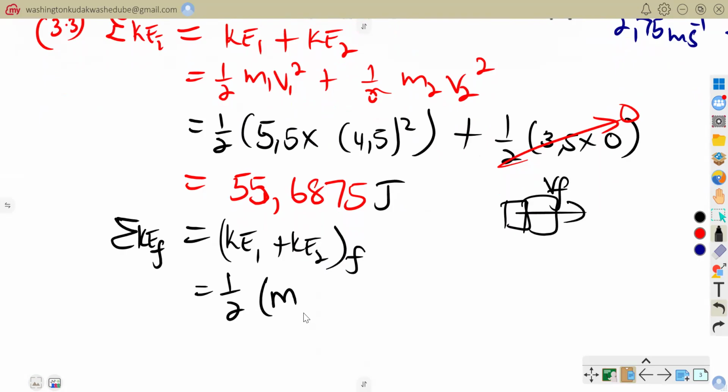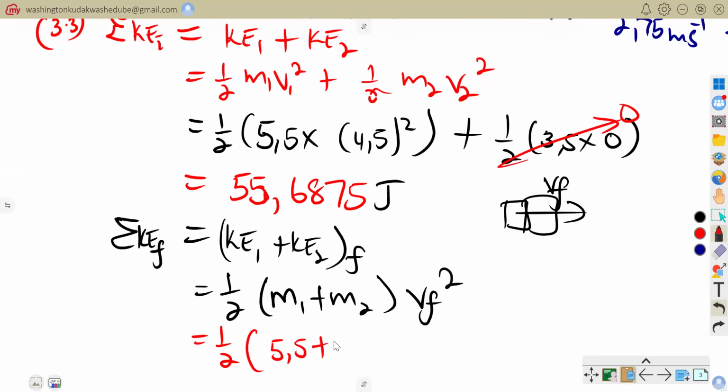So I would have mass of object 1 plus mass of object 2, but the velocity would be squared. So I'm going to get half of 5.5 plus 3.5, multiplied by the total velocity that we found, 2.75 meters per second, and then I will square it.